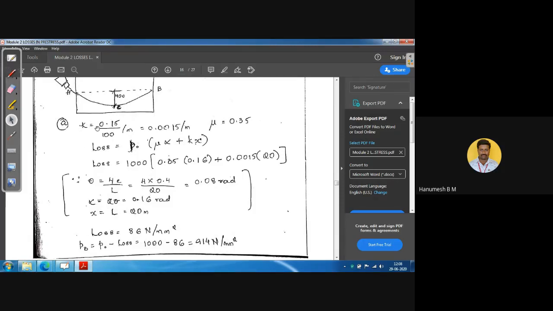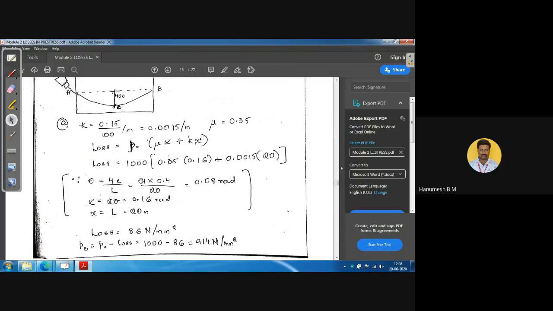Wobble coefficient factor is given as 0.15 for 100 meter, but we need the wobble effect per meter, hence 0.15 divided by 100, it will be 0.0015 per meter. Coefficient of friction mu is equal to 0.35. We have the basic equation, loss is equal to P naught into mu alpha plus Kx. P naught is the stress at the jacking end, which is 1000 Newton per mm square. Mu is 0.35.